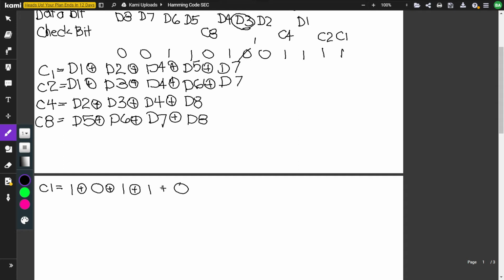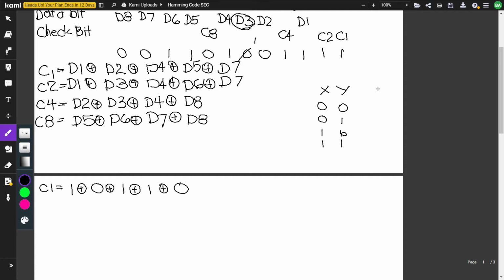So how does the XOR operation work? This is the truth table for XOR. For XOR we have 0, 0, 1, 1, 0, 1, 0, 1.